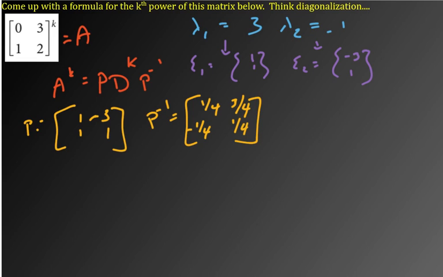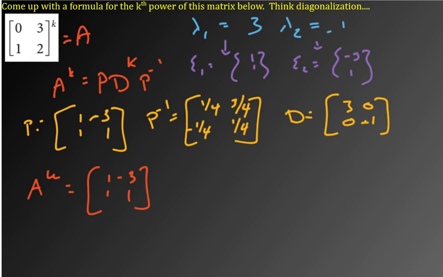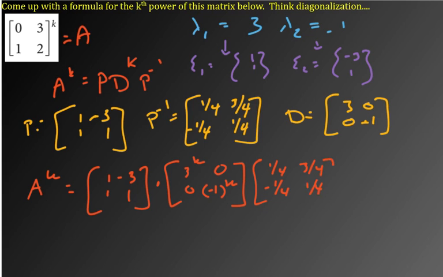And then we know that D is going to be 3, 0, 0, negative 1. And so A to the k power is going to equal 1, 1, negative 3, 1 times 3 to the k, 0, 0, negative 1 to the k, and then 1/4, negative 1/4, 3/4, 1/4.